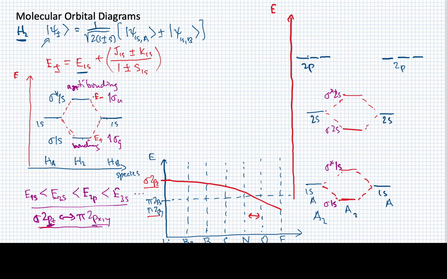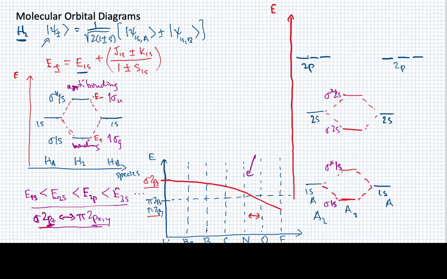When I get to the 2p's, that's where I have to pay attention to this chart down here. If I'm at atoms that are larger than nitrogen, then I'm going to have the next one be the sigma 2pz orbital.